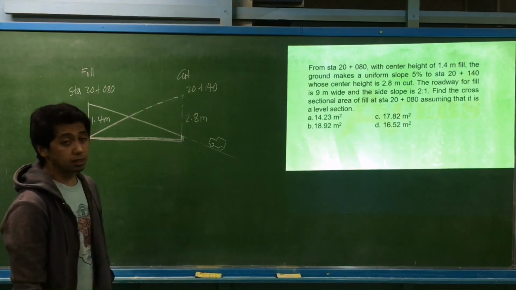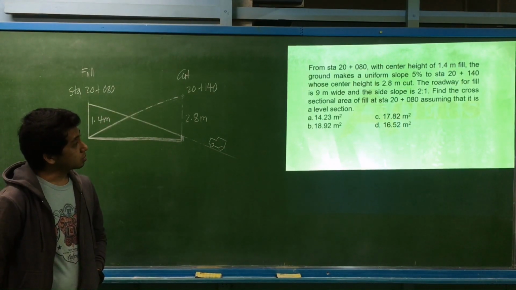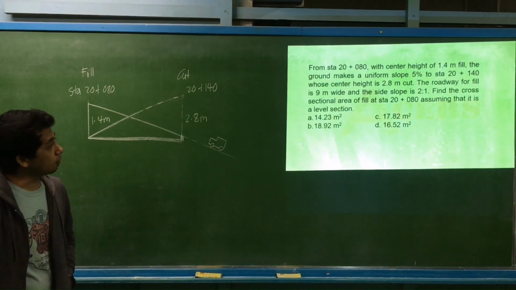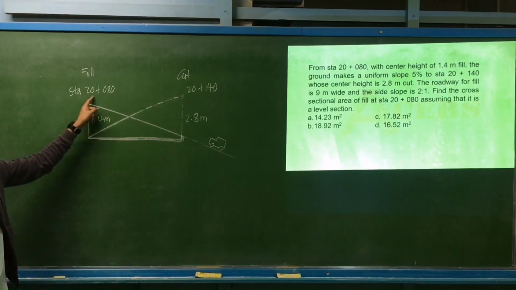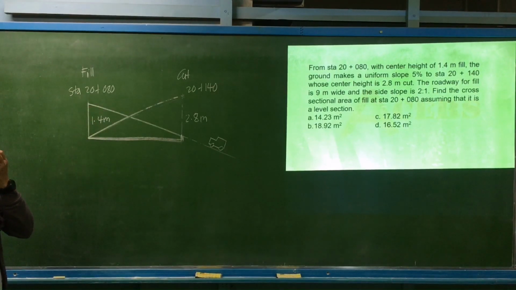So the roadway fill is 9 meters wide and the side slope is 2:1. Find the cross-sectional area of fill at station 20 plus 80, assuming that it is a level section.